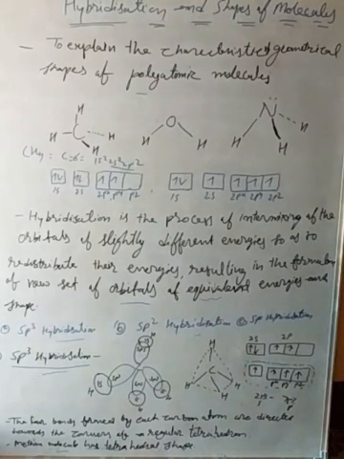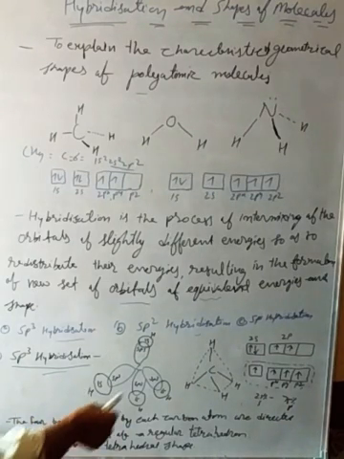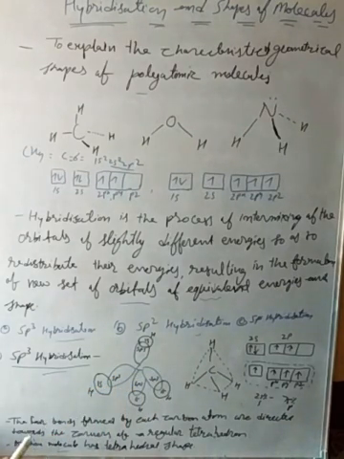We have explained hybridization and the shape of molecules: sp3 hybridization of carbon compounds, and the shape formed during hybridization, which is tetrahedral.